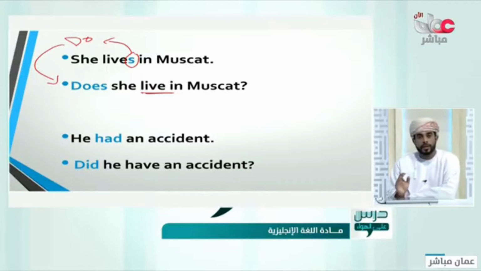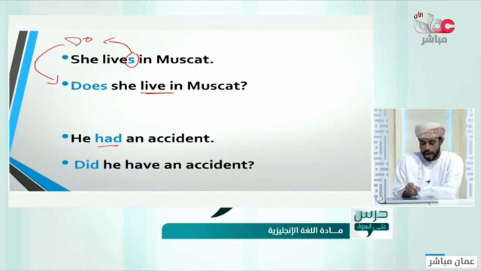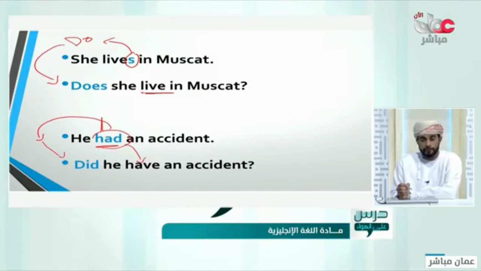Okay. There are some irregular verbs. There is nothing attached to it, but it means it's in the past, like the word had. So it is had, just go and write did. And change this one into the what? Into the infinitive. Like did he have?